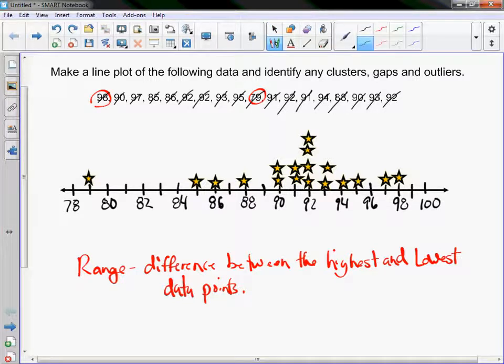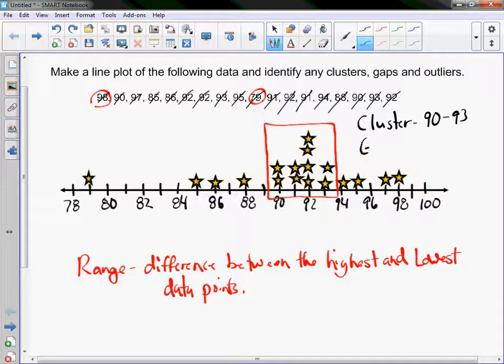I would say a lot of the data is located right in here. We could include 94, 95, but since all of these within the box I drew have multiple data points on them, that's the strongest cluster. So there's a cluster from 90 to 93.